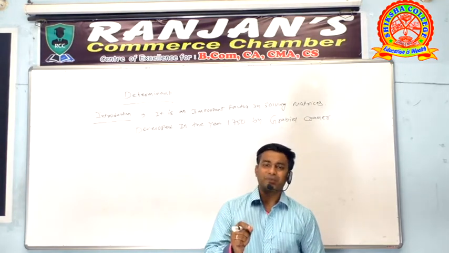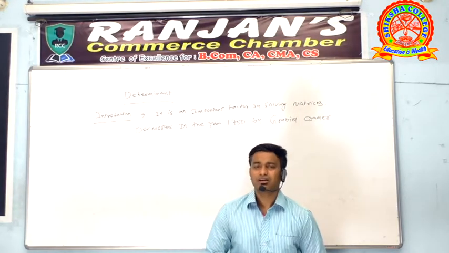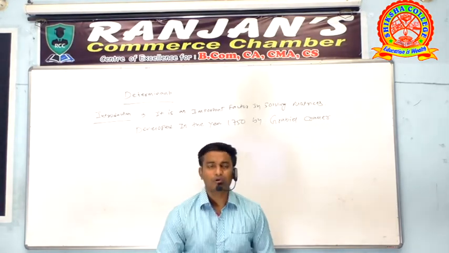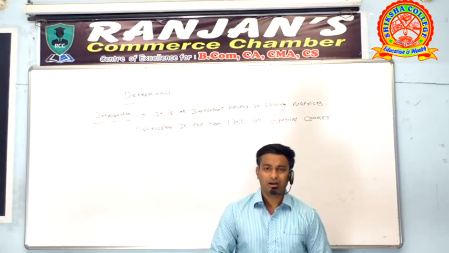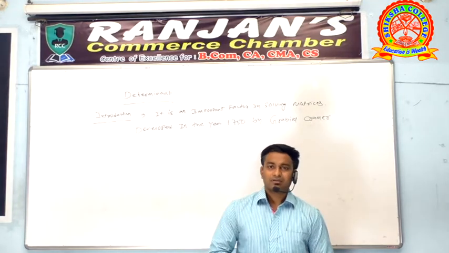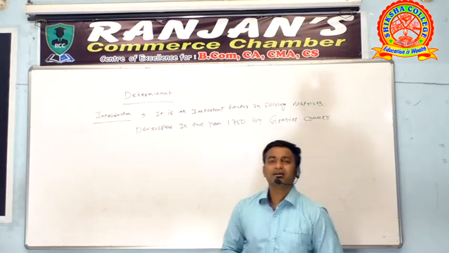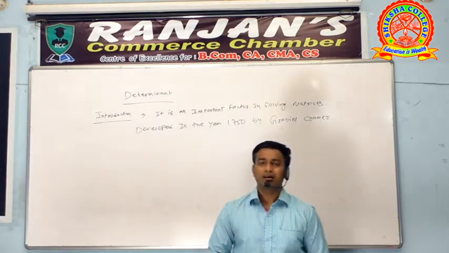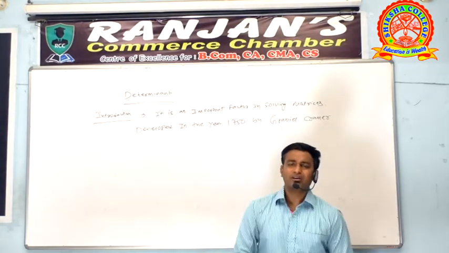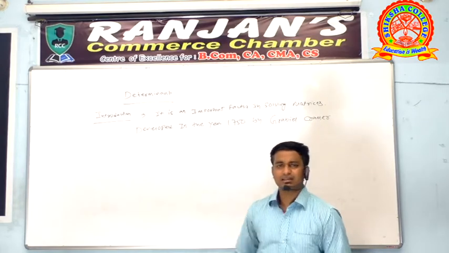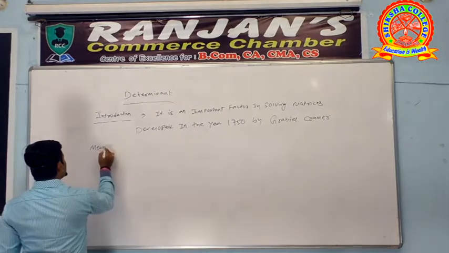It may also be an interview question or short objective question, asking who is the developer, the originator of the particular concept. So that's why I am suggesting that determinant was developed by Gabriel Cramer in the year 1750. Clear? A long introduction is not required. That is enough.